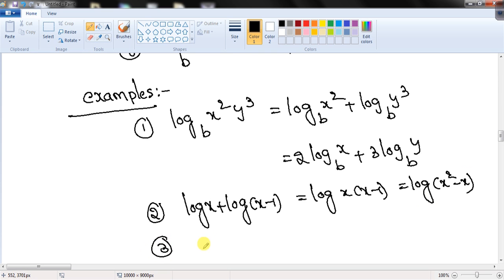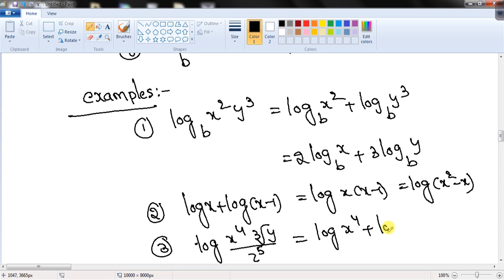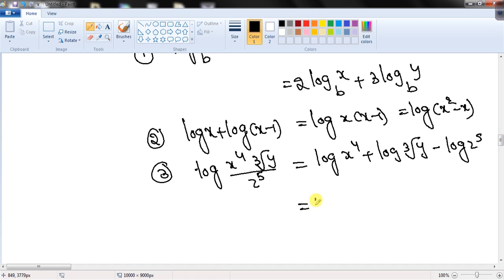The next question is log of x power 4 cube root of y upon z power 5, which can be written as log of x power 4 plus log of cube root of y minus log of z power 5. So this can be written as 4 log x plus 1 by 3 log y minus 5 log z.